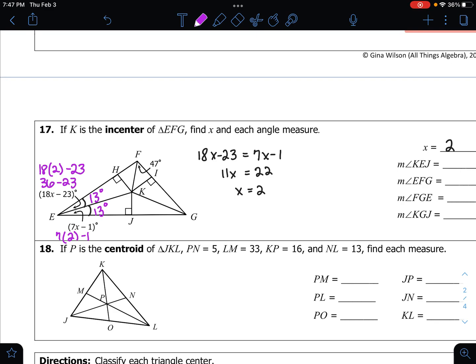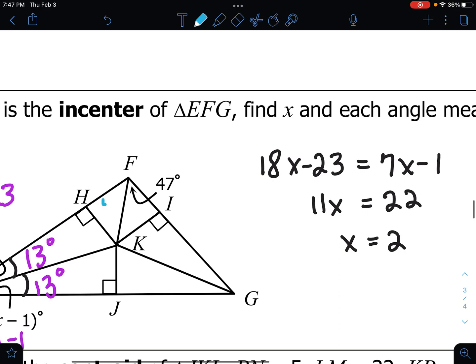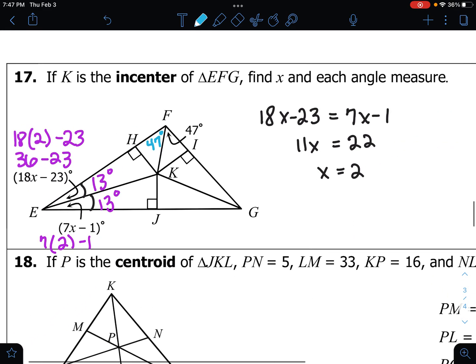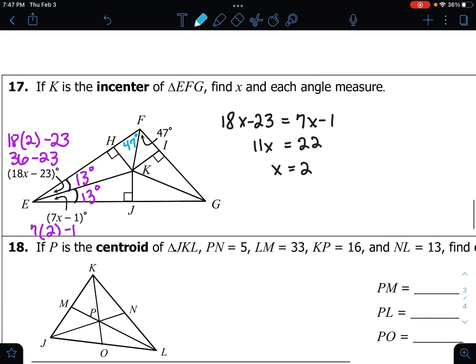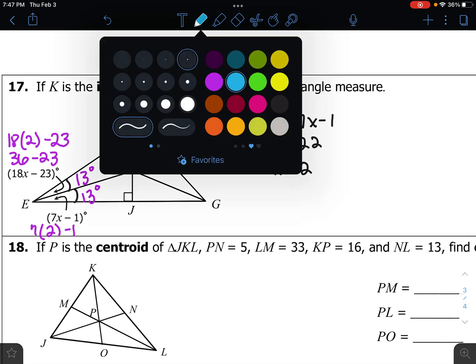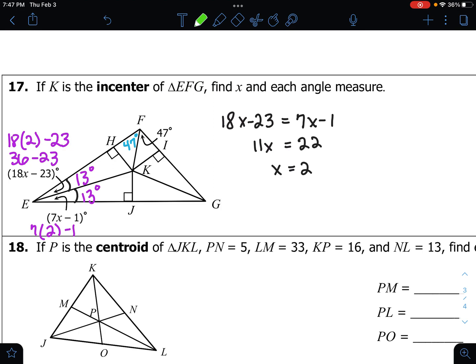Great. Another important tidbit is that this is 47. So that means this is 47. And we can figure out angle G. Do we need to? I don't know. Let's just do it. So this whole thing is 26 degrees. This whole thing at the top is going to be 94 degrees, because if we add 47 and 47, we should get 94.